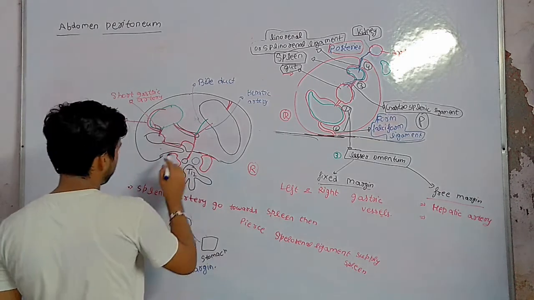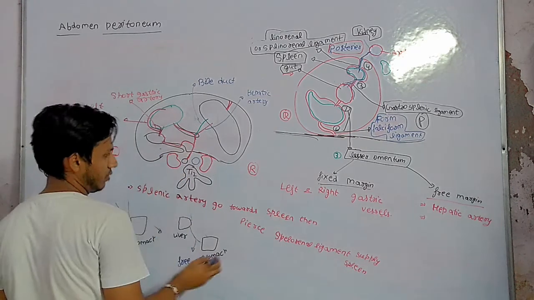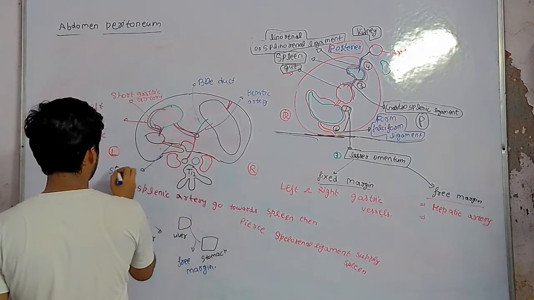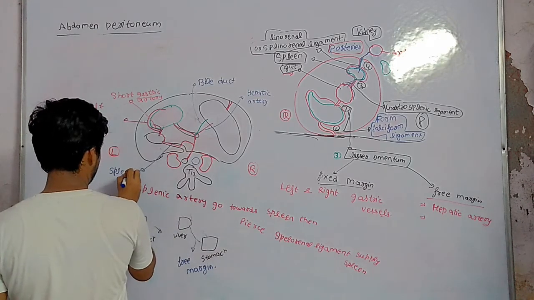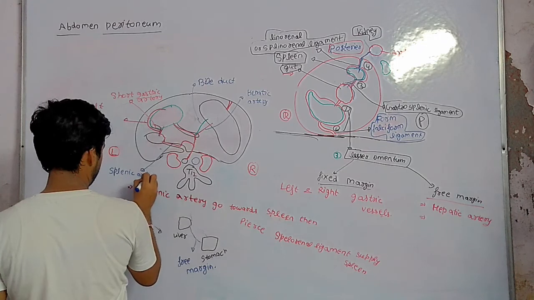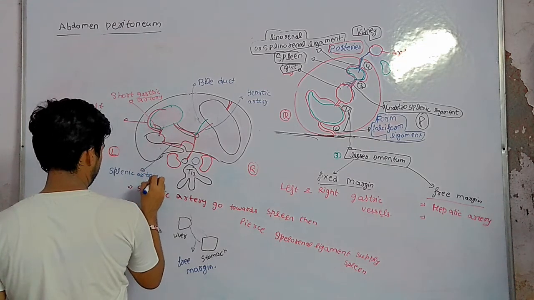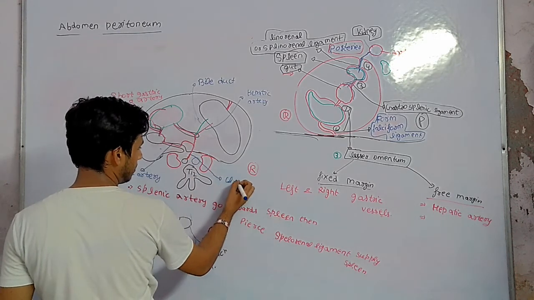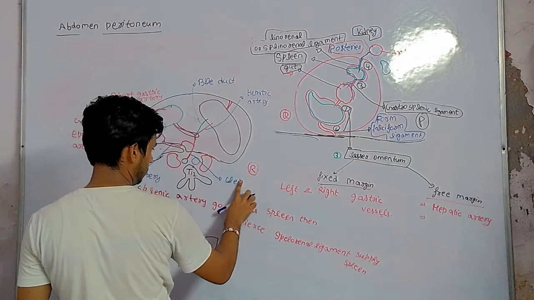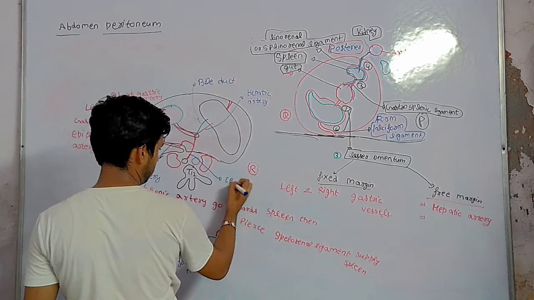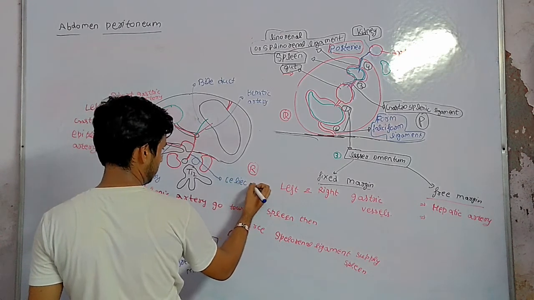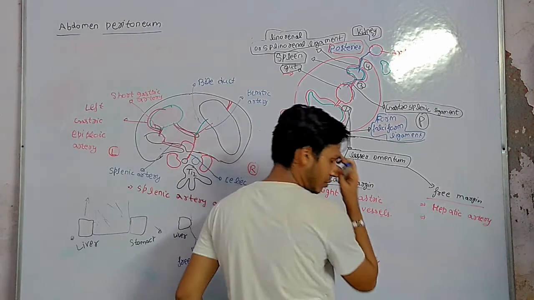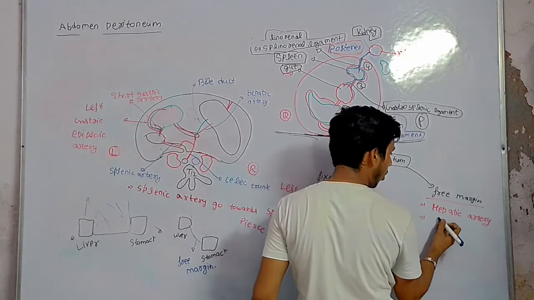This is the celiac trunk, with the splenic artery and so on. The important thing is the portal vein.